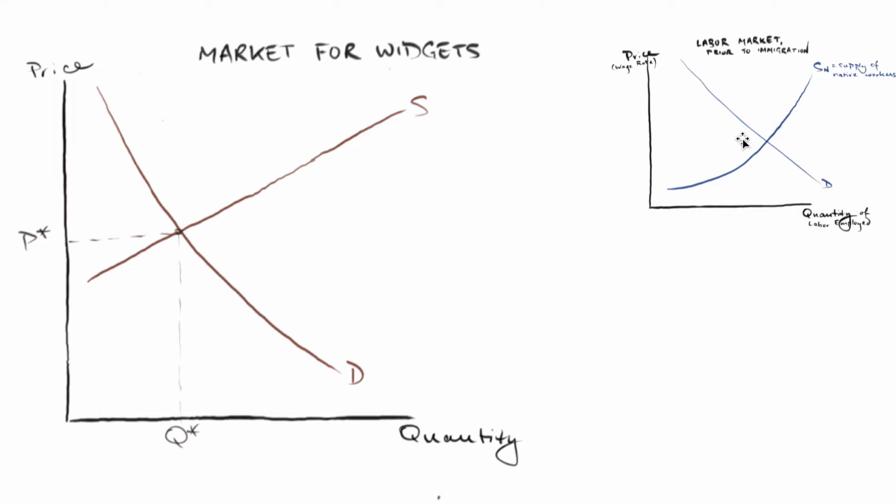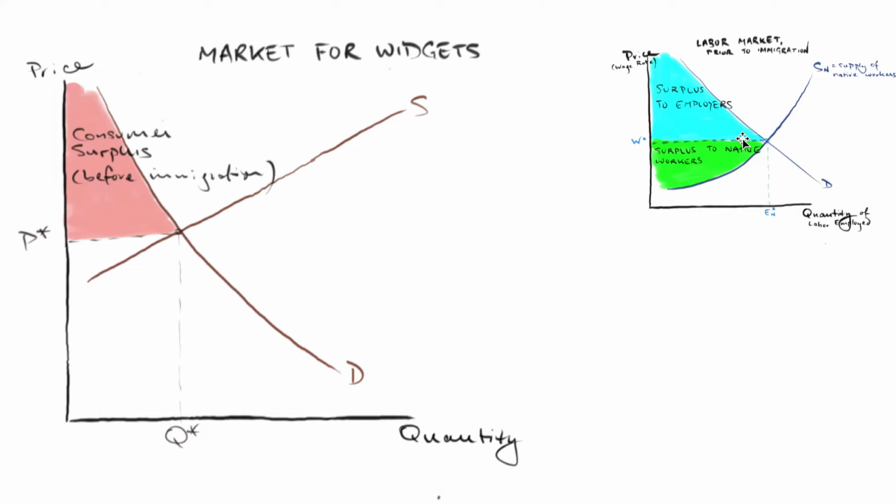Now the immigrants arrive. Oh, sorry, they haven't arrived yet. Here, pictures with surplus area. So this little graph on the right, we saw that before. This is employer surplus, worker surplus prior to immigration. But the important thing now, or the new contribution in this slide, is it shows consumer surplus before immigration.